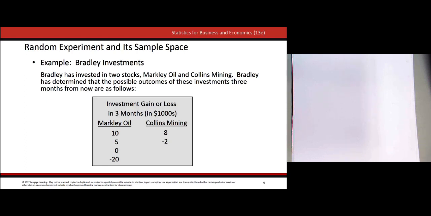From Markle Oil, he can gain $10,000, gain $5,000, neither gain nor lose anything, or lose $20,000. From Collins Mining, he can gain $8,000 or lose $2,000.